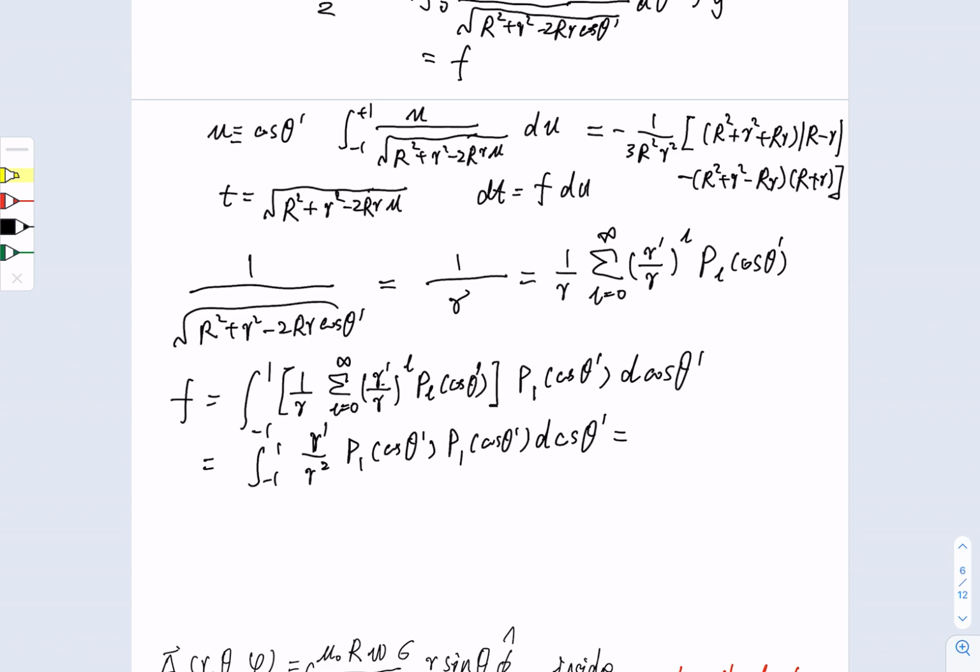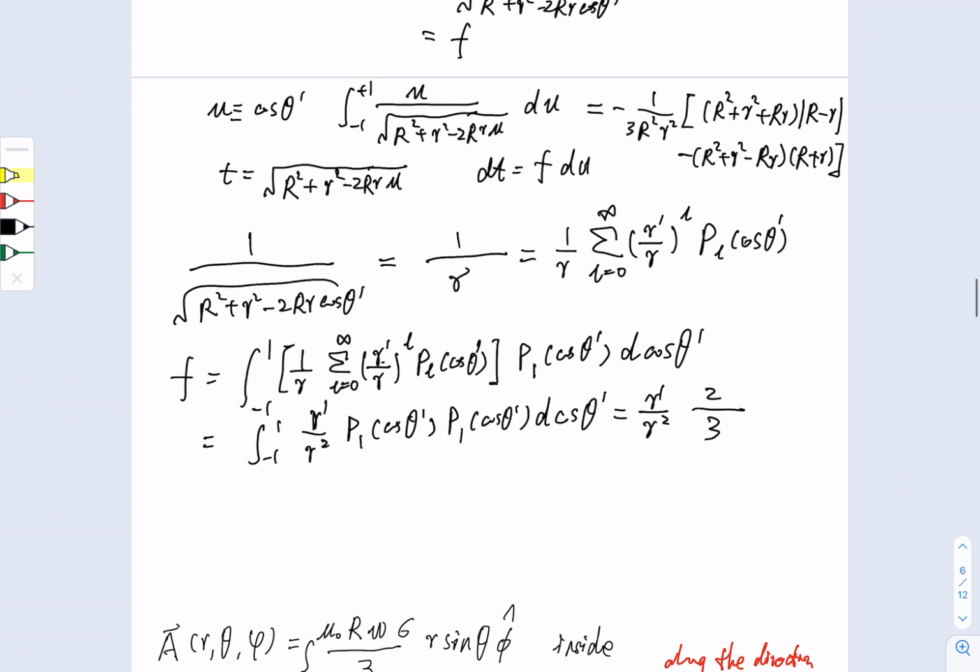And in the end, we get the R prime over R. And the normalization factor is 2 over 2L plus 1, so it's 3. However, we have to be careful that the R prime over R should be less than 1, otherwise this series doesn't converge.